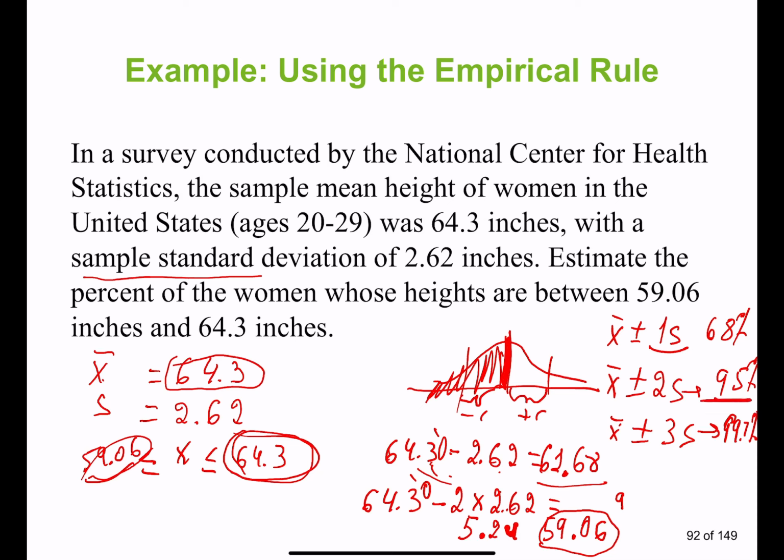Therefore, we can say that 95% of women have a height between 59.06 and 64.3. So that is your solution to this problem. If this upper level wouldn't be 64.3, meaning wouldn't be your average, then we would calculate this one also, which means we would do the same thing with plus 2.62, plus twice 2.62, and so on.